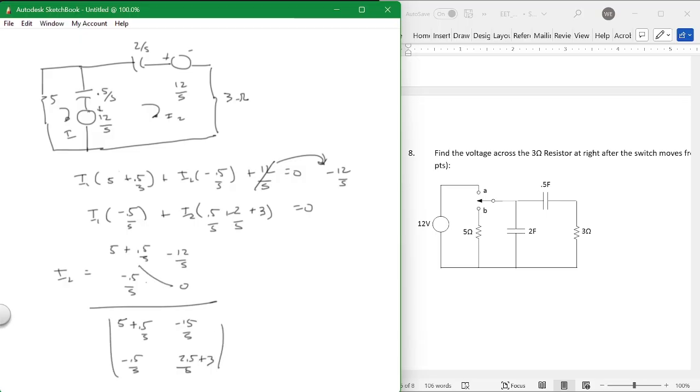This times this, minus this times this times this, minus this times this. There you go. Then you multiply that by 3 and you've got your voltage. Easy. No, it's not. But that's how it's done.